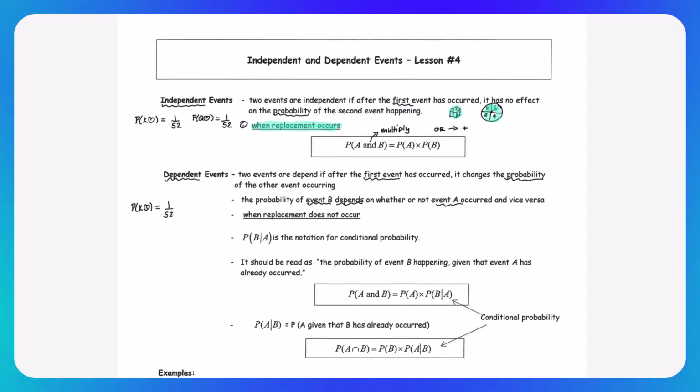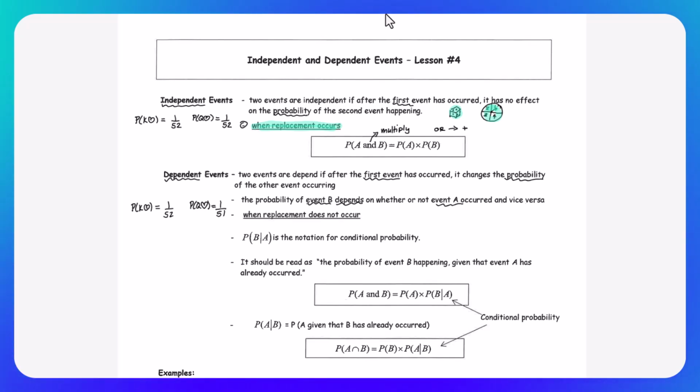But let's say we take that King of Hearts and put it out. Now, if we want to find the probability of the Queen of Hearts from the remaining cards in the deck, there's still only one Queen, but now there's only 51 cards. So that's what we mean when we say replacement has not occurred.